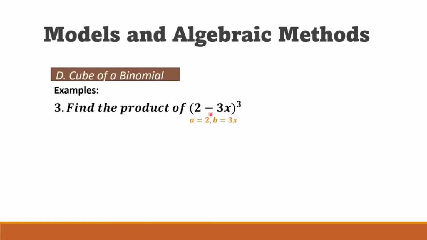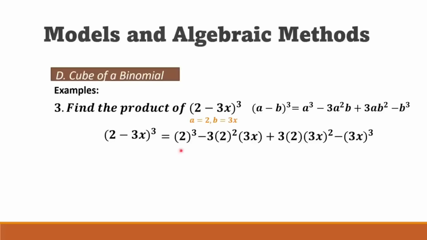For the third example, we are getting the cube of a difference, so the signs of the second and last terms will be negative. Here is our solution. Again, we cube the first term, minus 3 times the square of the first term times the second term, plus 3 times the first term times the square of the second term, minus the cube of the second term.